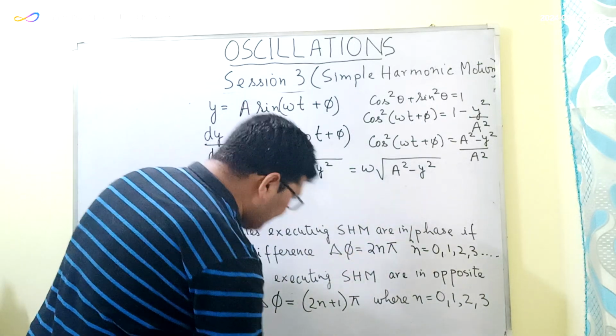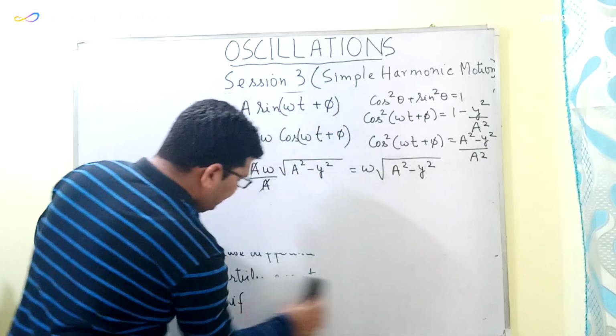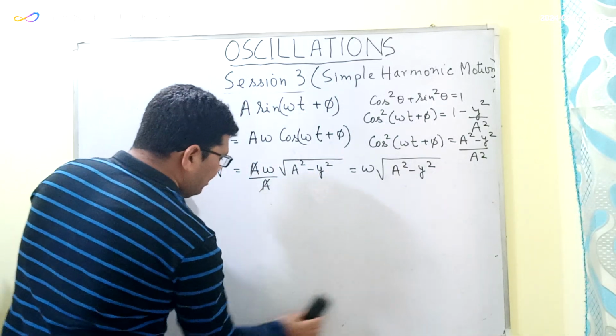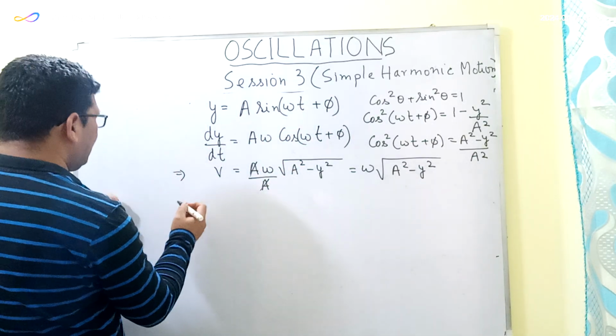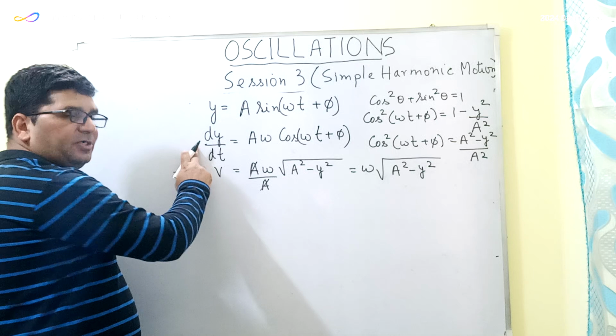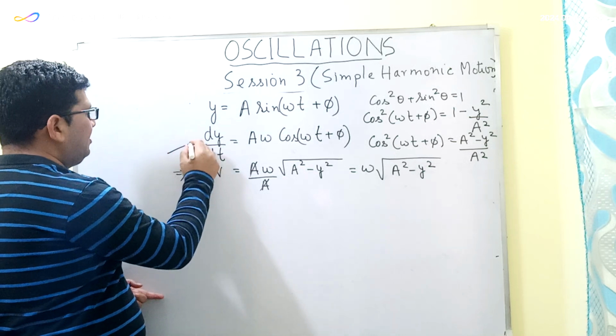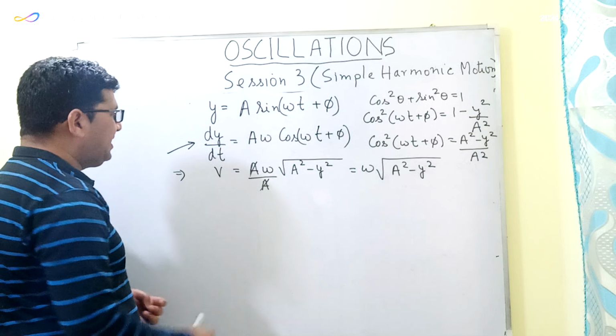Now the third important thing is the acceleration of the particle which is executing the simple harmonic motion. So the acceleration can be found by differentiating this equation once again, that is the second time.